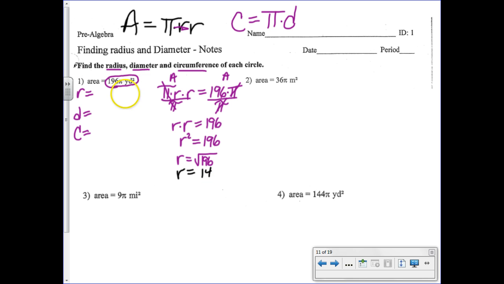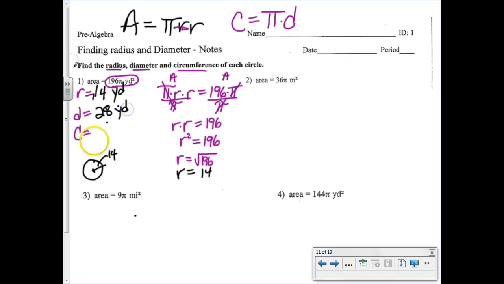All right, that means that our radius now is 14. So over by the r, I'm going to put my radius is 14, and that will be in yards. From there, if you need to draw a circle, by all means draw a circle. When I draw my circle, and I'm thinking my radius is 14, that means my diameter has to be twice as big, meaning my diameter will be 28 yards.